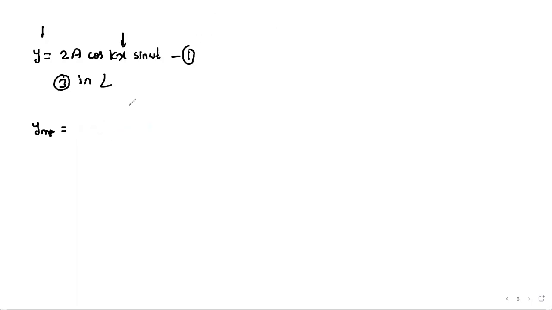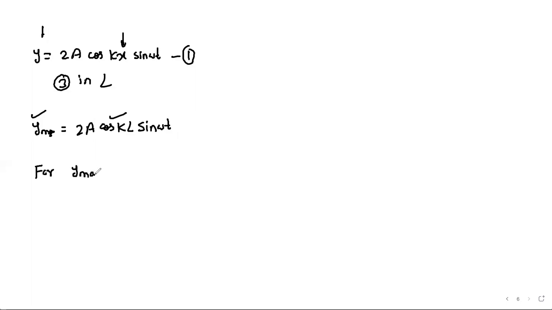So if I make these substitutions here, this is 2a cos kL sin omega t. Your y is maximum if your cos kL is maximum.